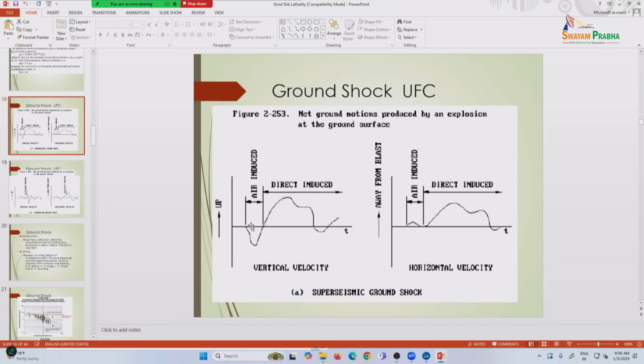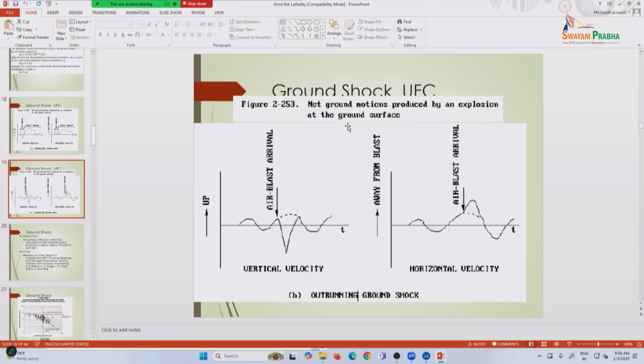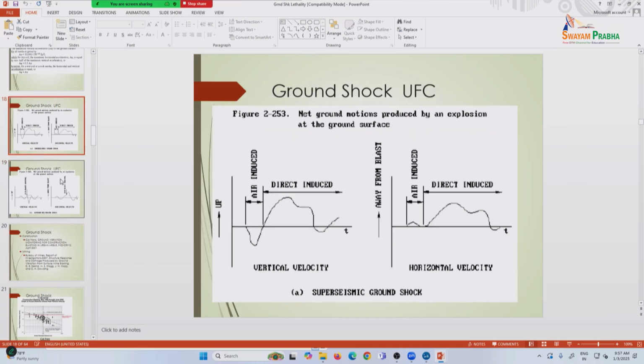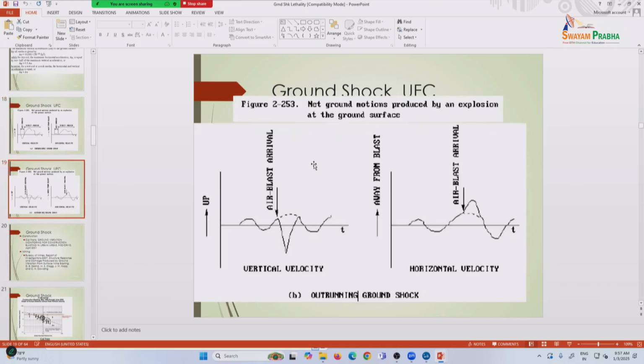So you have the air induced, this is the motion of, and the direct induced is moving this way, and here this is the vertical velocity and the horizontal velocity. So they have both of them. And then the second one is the net ground motions. Again, this is figure 2-53. Here this is the vertical velocity and the horizontal velocity.